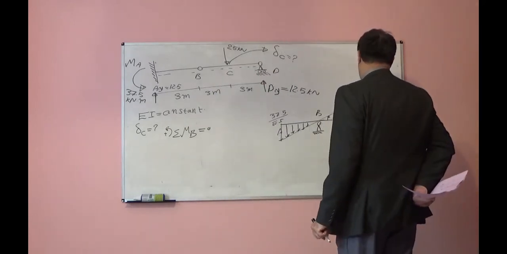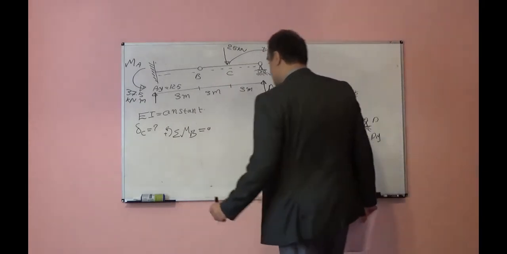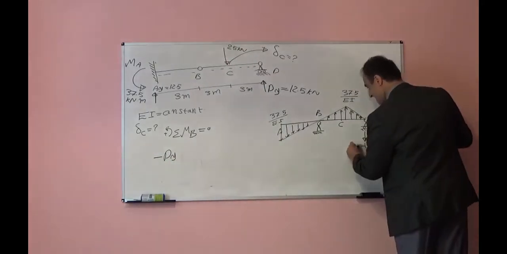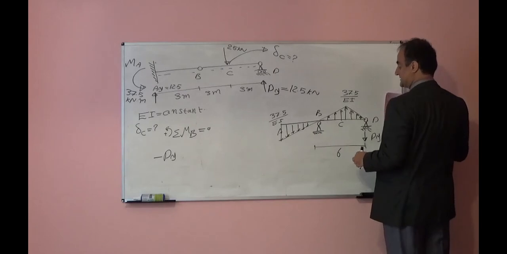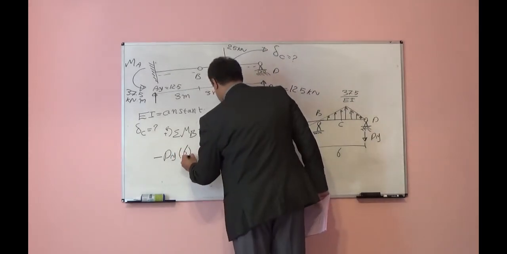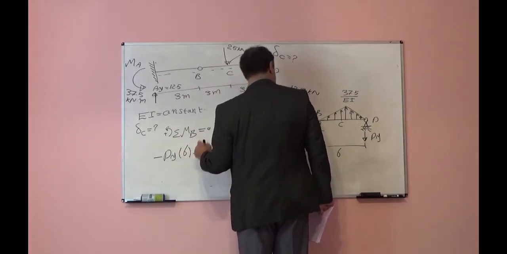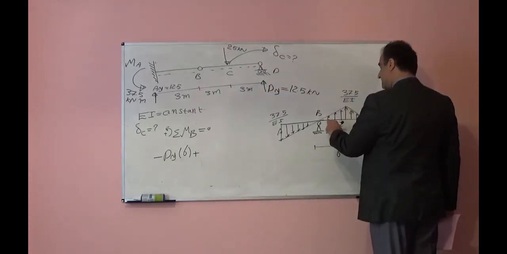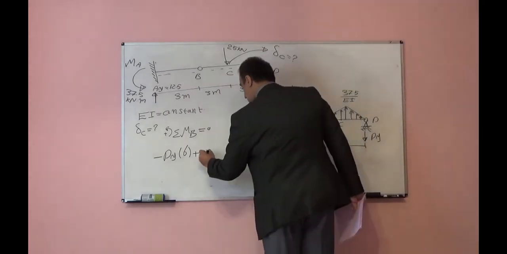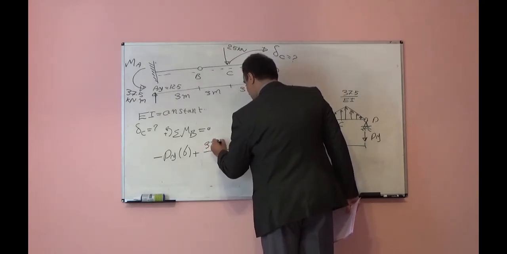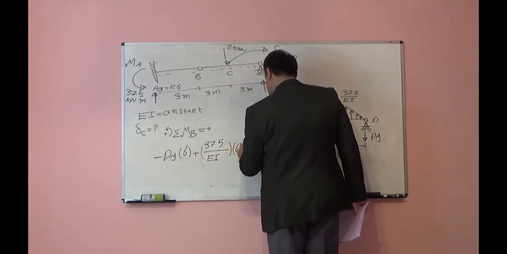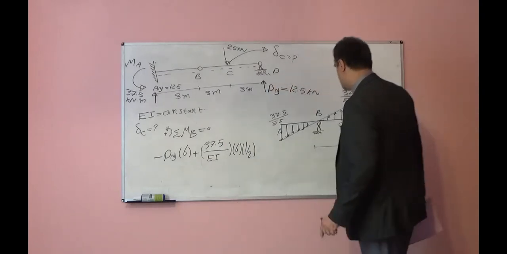What I have, let's see, dy times 6. This is 6. Dy times 6 wants to rotate this beam clockwise, so negative dy times 6, plus the moment because of this triangle. It wants to rotate this beam with respect to point B counterclockwise, so positive. It will be the area underneath of that triangle, 37.5 divided by EI, that is height, times 6 times half, that will be the area for this triangle.